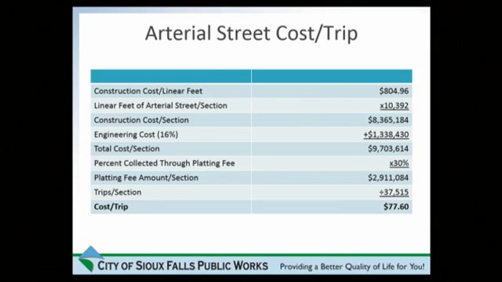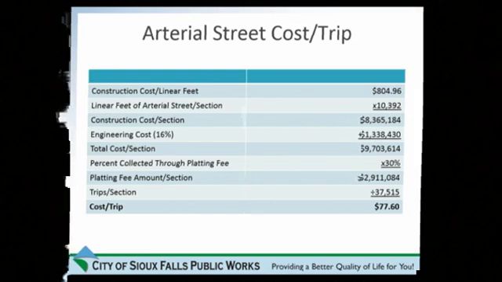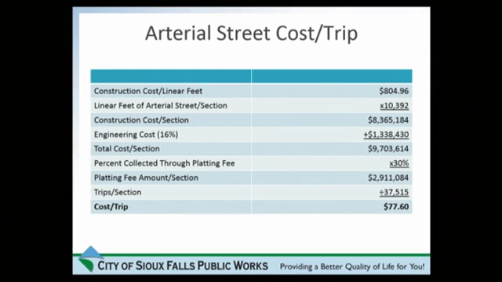And that's what we're trying to recover off of each section of land. So we have a cost per foot for an arterial street. We're trying to capture about 2 miles, so there's the 10,000 feet. We have the construction cost, we have engineering in there and construction administration. We get to that $9.7 million to build those 2 miles of roads.